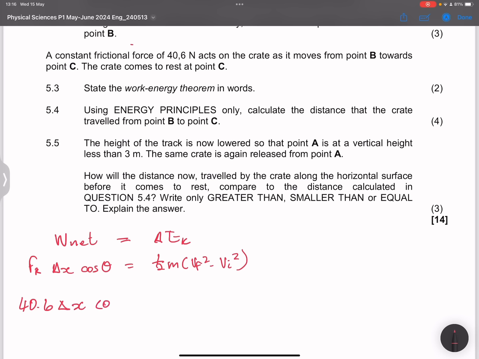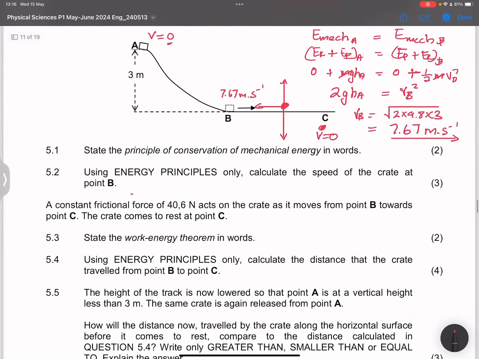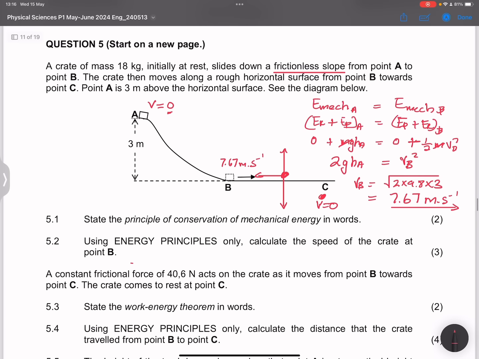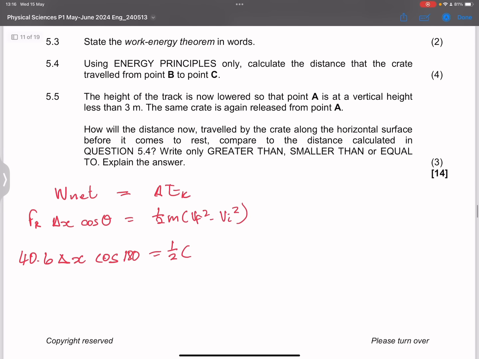Remember, what's the angle between the direction of motion and the force in question? That would be 180. Friction opposes the motion, right? So if that's the direction of our displacement, friction is opposing that, and so makes an angle of 180. So this is going to be half of the mass of the trolley, which we said was 18 kilograms.